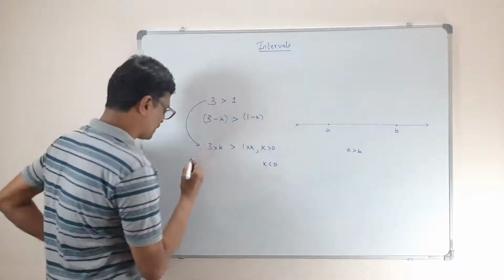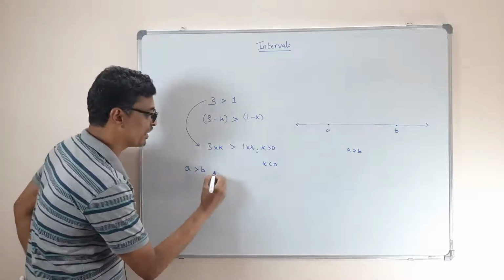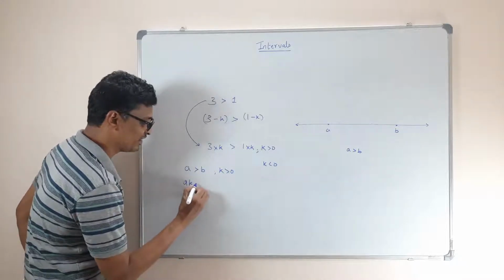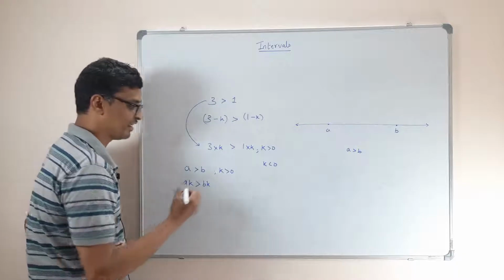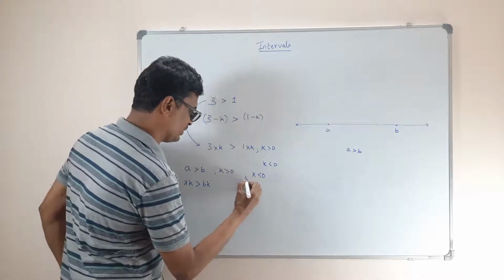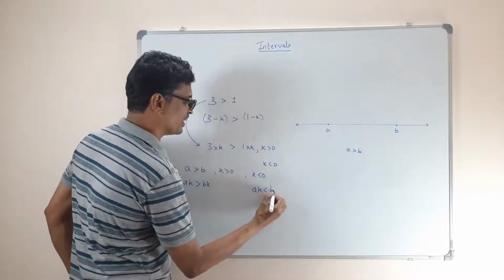So suppose you have a greater than b, and k greater than 0, then ak will also be greater than bk. On the other hand, if k is less than 0, then ak will be less than bk.